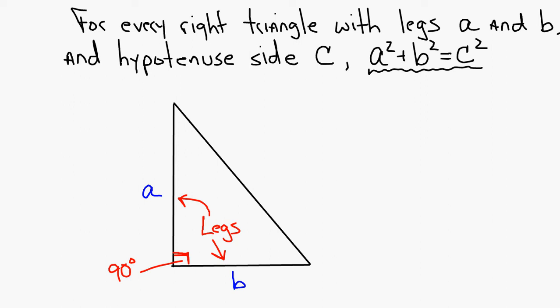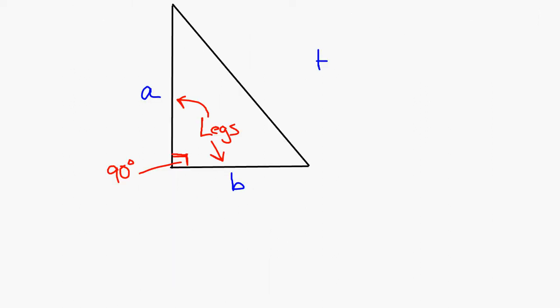The side across from the 90, the diagonal side of a right triangle, is called the hypotenuse.